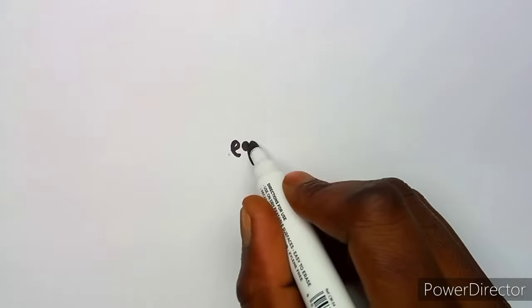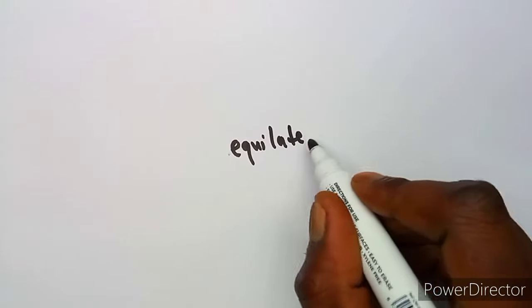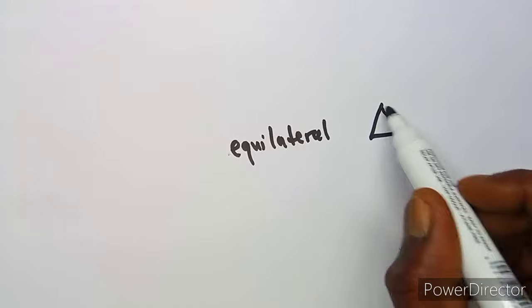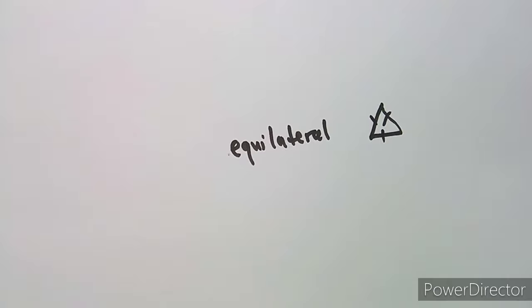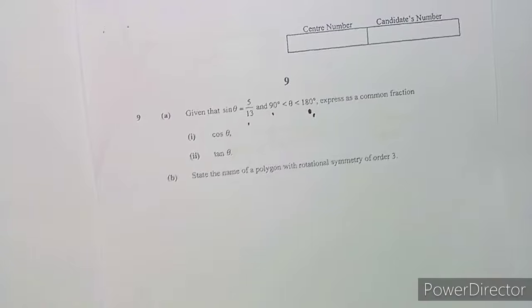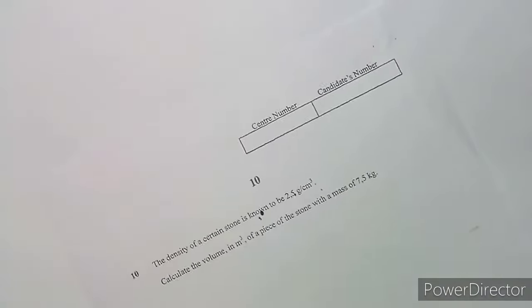So it's not just a normal triangle, it's actually an equilateral triangle, because we are talking of a triangle whose sides are all equal, so that we can have an order of rotational symmetry of 3, or we can have 3 lines of symmetry. So that one will be an equilateral triangle. That is what you're going to have in this case.